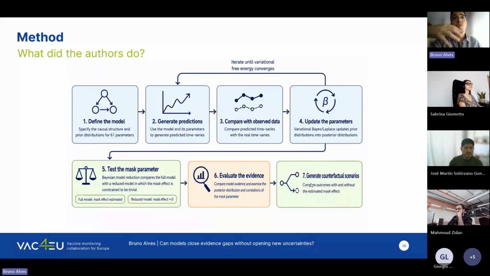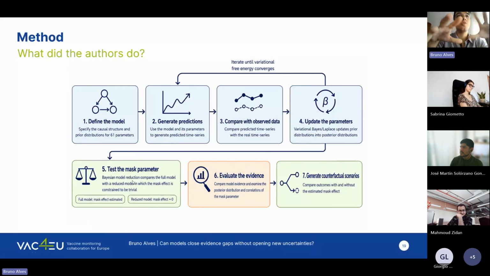With this comparison, they did a new distribution of the parameters to converge the model with the real-world data. To do this, they used this variational Bayes Laplace methodology. After this, they used this Bayesian model reduction, here on box 5, to compare the model with a second model in which there is no mask effect at all.